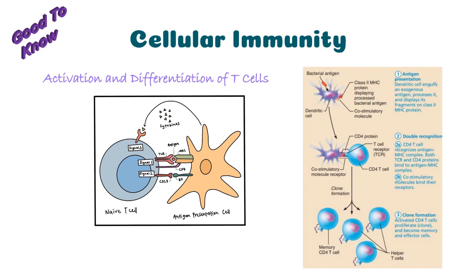Sometimes the second signal is not present when these dendritic cells or the APC bind to a self-reactive T cell. So it mainly protects against any self-reactive T cell or autoimmune disease. So as I said, the absence of the co-stimulatory signal, which is a secondary signal, might lead to anergy.